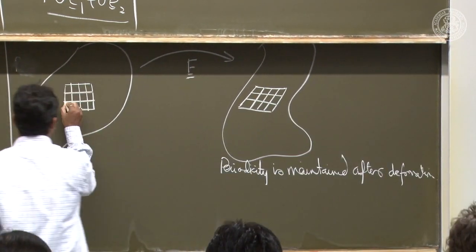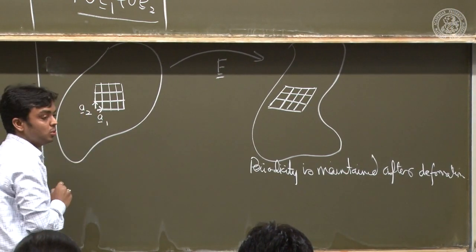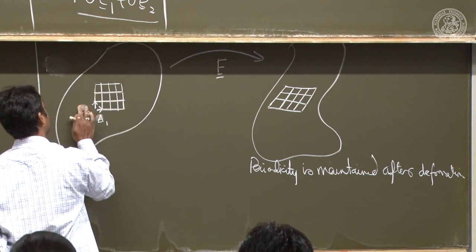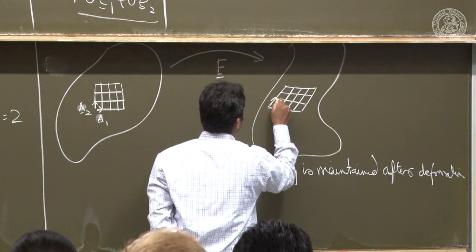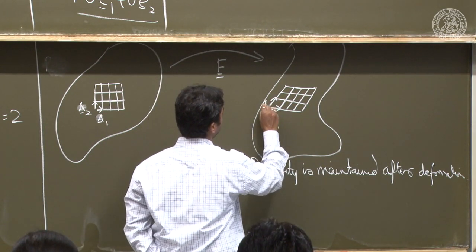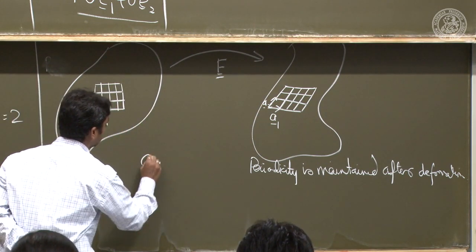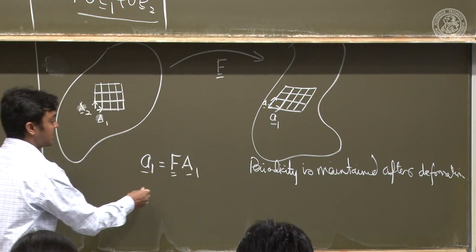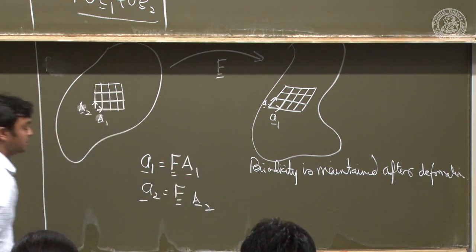So if you have lattice vectors capital A1, capital A2, that's the undeformed lattice vector, and it deforms to lattice vectors a1, a2, then through continuum mechanics knowledge we know that this can be mapped as a1 is F times capital A1, similarly a2 is F times capital A2.